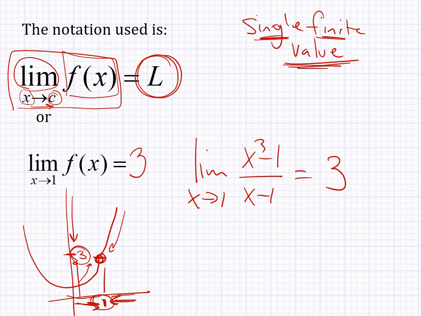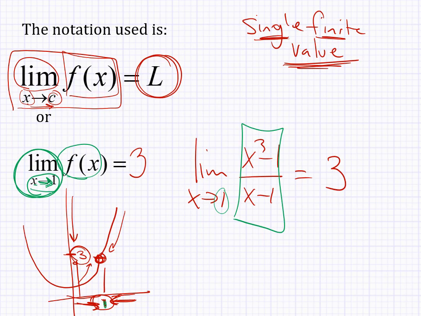Again, notice that the function doesn't exist when x equals 1, but that's not what this is about. Limits are about what happens when you get close to 1. You're approaching 1. That's what the arrow is all about. Not what happens when we are sitting at 1, but what happens when we get close to 1 to the function. To the function means for the y values.